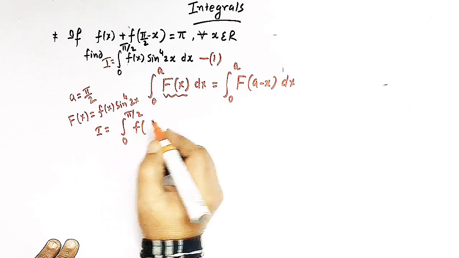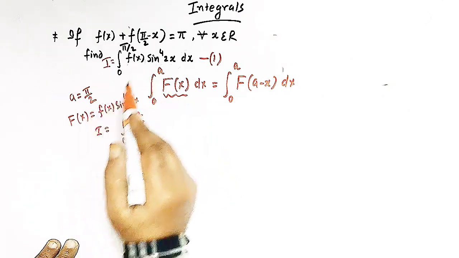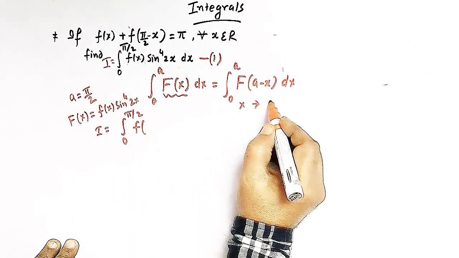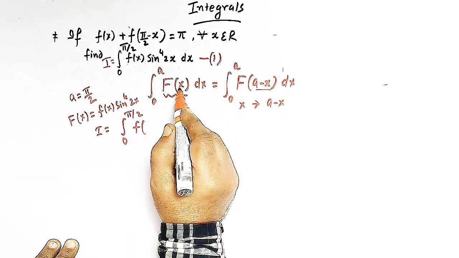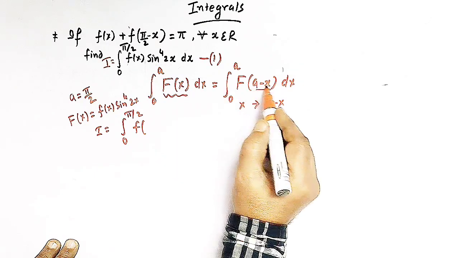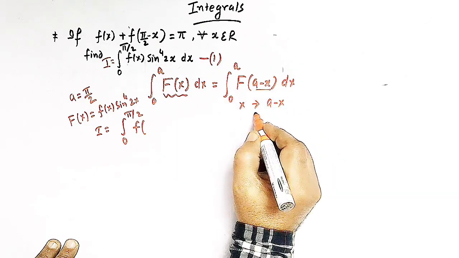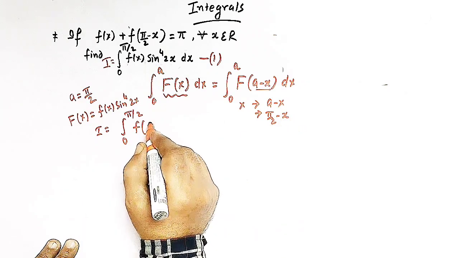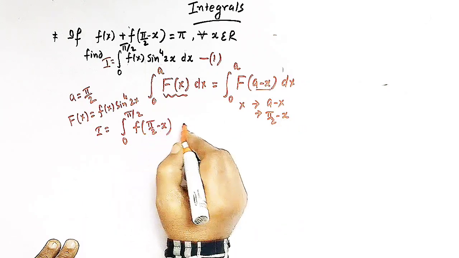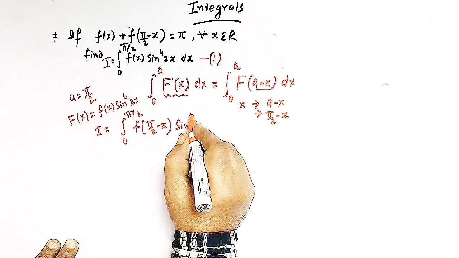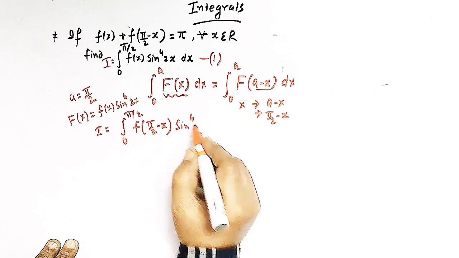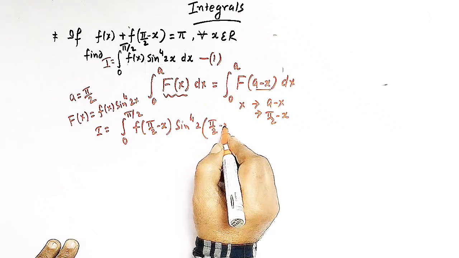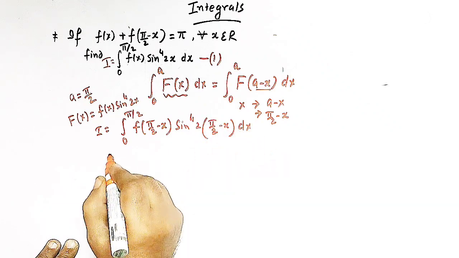So now using this property, we can now write this integral I as 0 to pi by 2, and we have f of, here we can now replace these x by a minus x, right? So here we have x, and here we have a minus x. So we can replace x by pi by 2 minus x. So we have f of pi by 2 minus x, and then we have sine, here we have the exponent 4, and then we have 2 times pi by 2 minus x and dx.